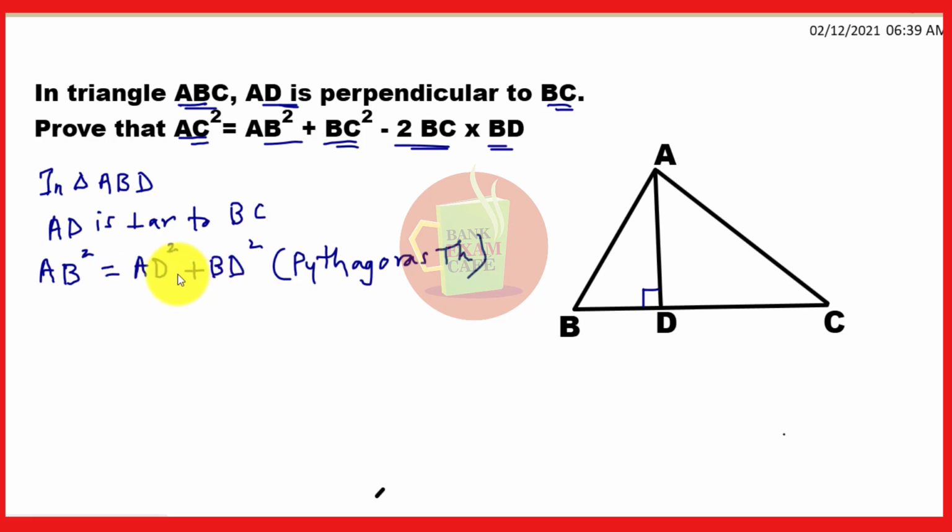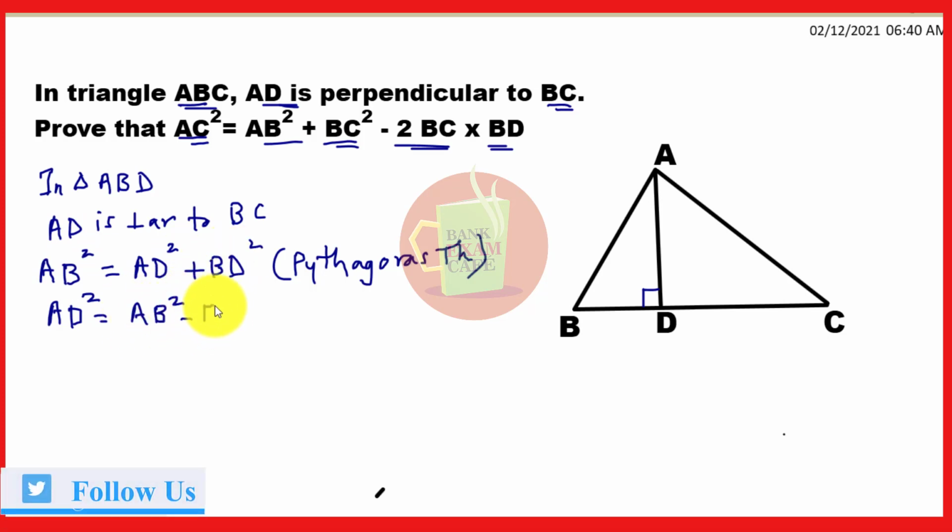Now I take BD square to the other side, and you will get AD square equal to AB square minus BD square. Let this be equation number 1. Now similarly we will take triangle ADC.